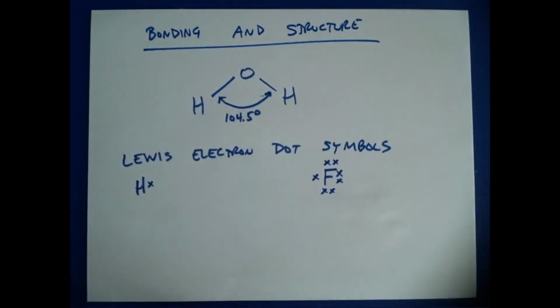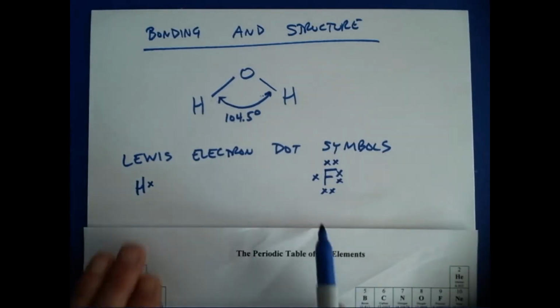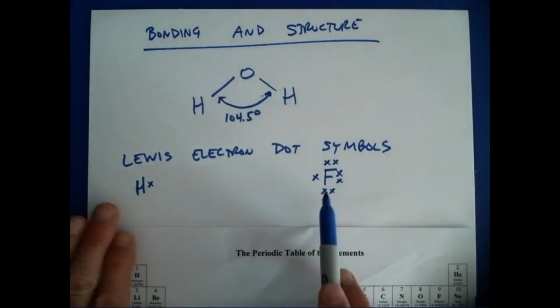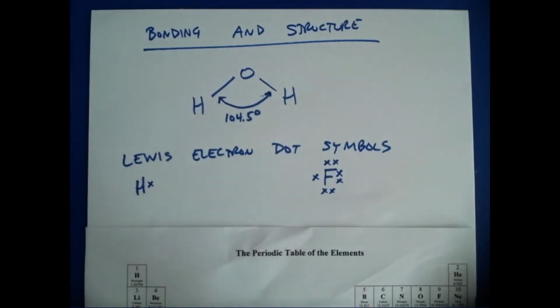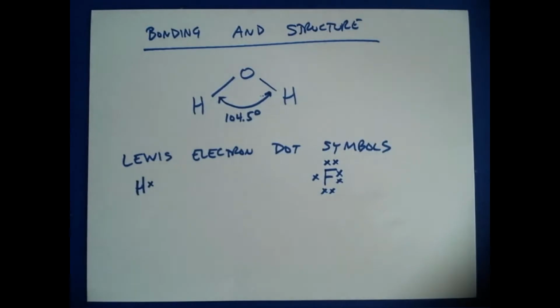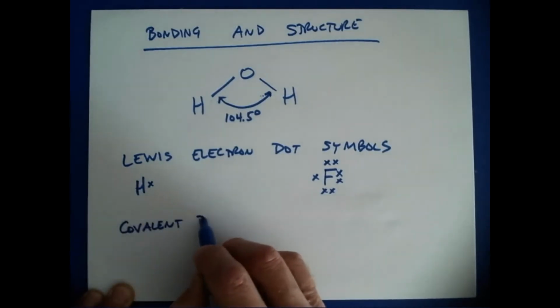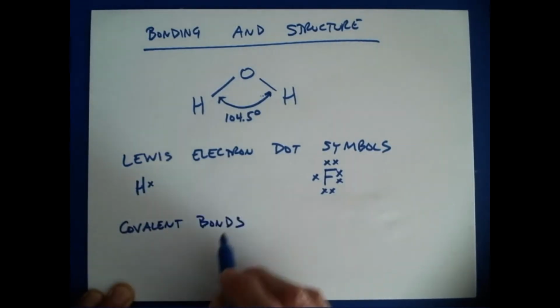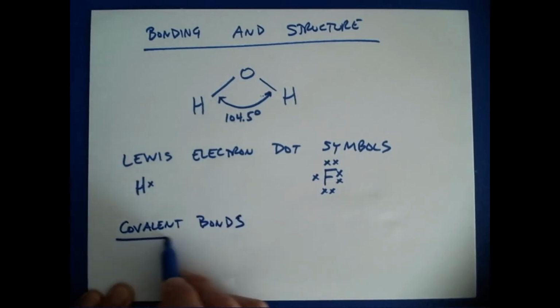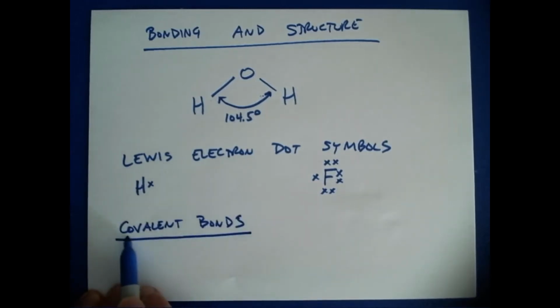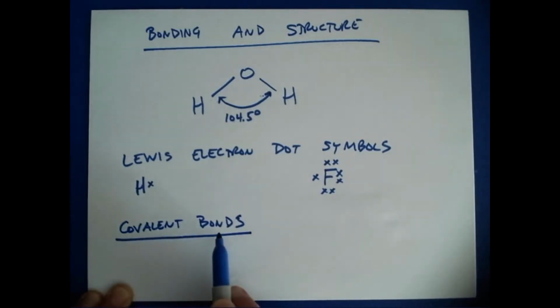Now what we can begin to see is how these atoms share valence electrons in order to form chemical bonds. And when atoms share electrons to form a bond, we call them covalent bonds. I can kind of see the word cooperate in the name. Cooperating valence electrons make a bond.